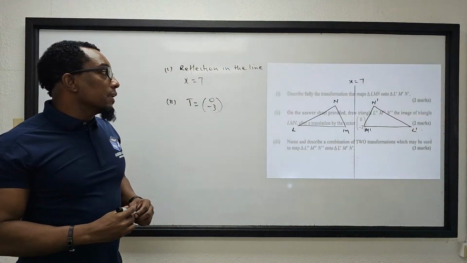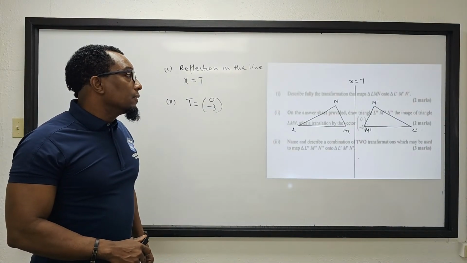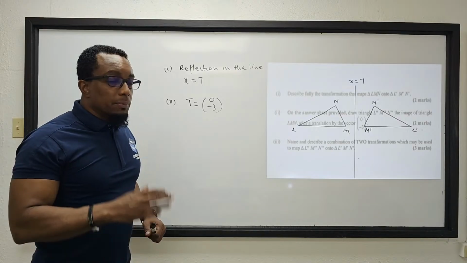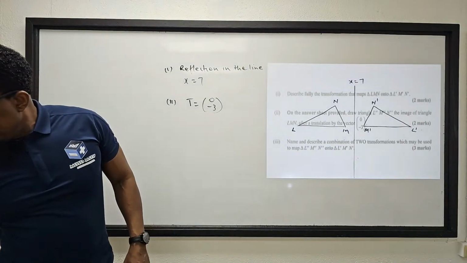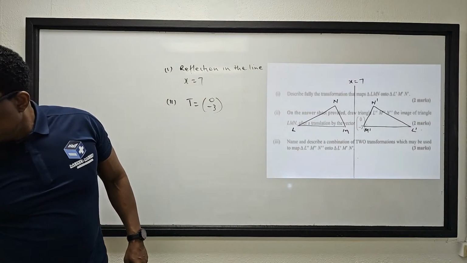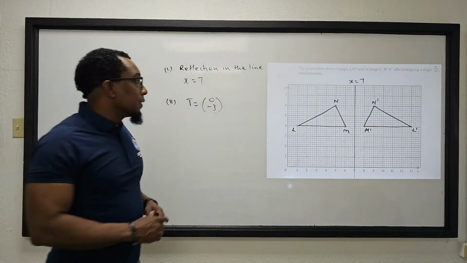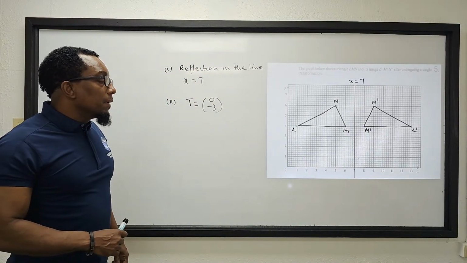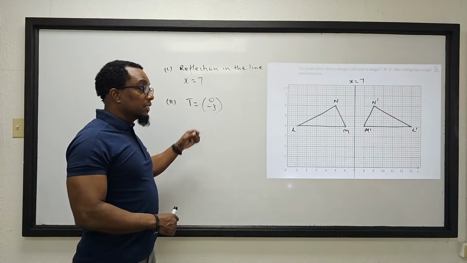So they want us to translate triangle LMN onto triangle L double prime, M double prime, N double prime using the translation vector 0, -3.